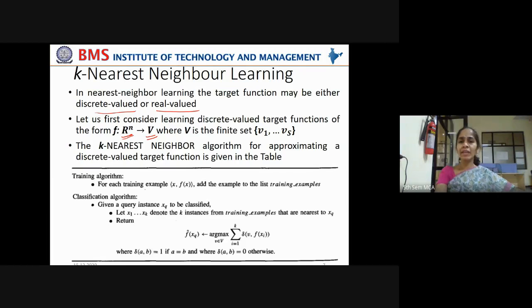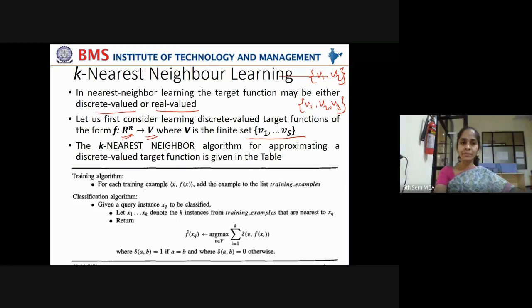V is the finite set V1, V2 and so on up to Vs. If it is binary classification, you will have only V1 and V2, but if it is multiple classification, you may have V1, V2, V3 classes and so on. The new instance has to be classified into the appropriate class.